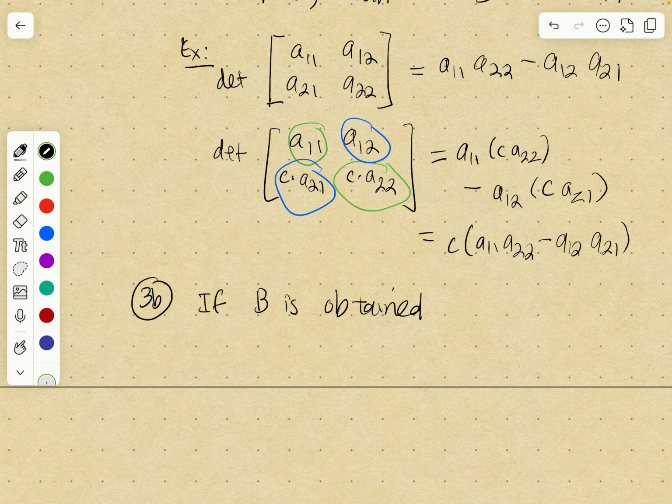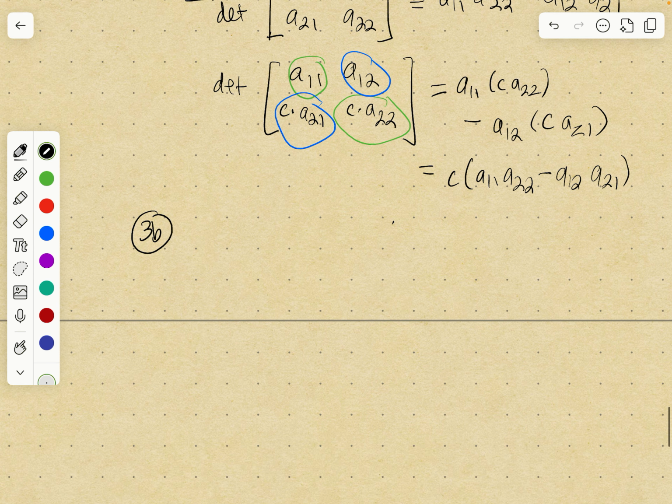I have to introduce some more notation to state property 3b. Because it's kind of hard to state this in general, let me just explain it in the case of like a 3 by 3 matrix.